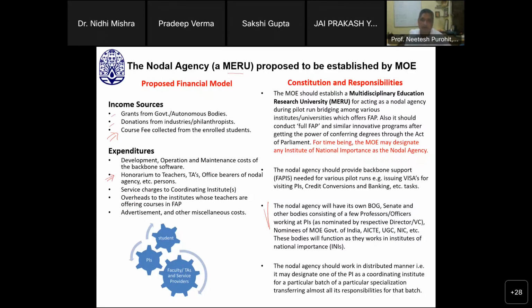We know that teachers are offering the courses, and when we offer the courses, there is a requirement of teaching assistants, and for running the show, there is a requirement of a backbone support system. So whatever income is there, accordingly expenses can be planned.